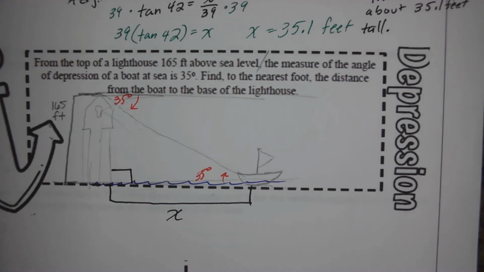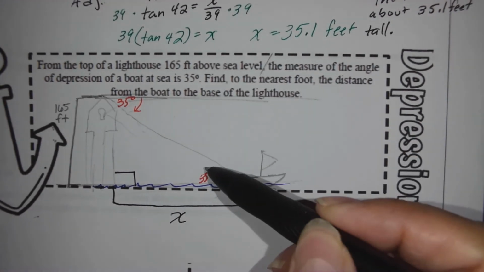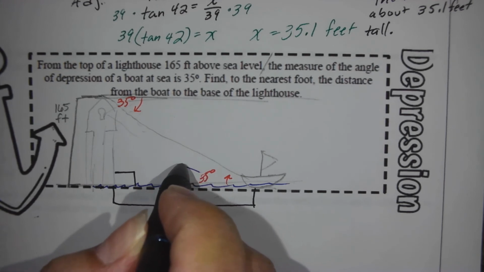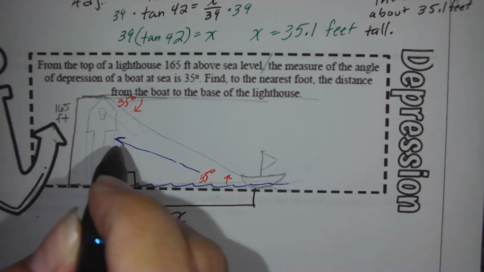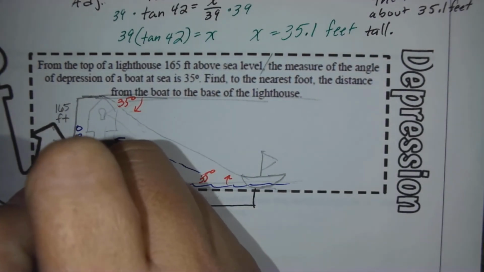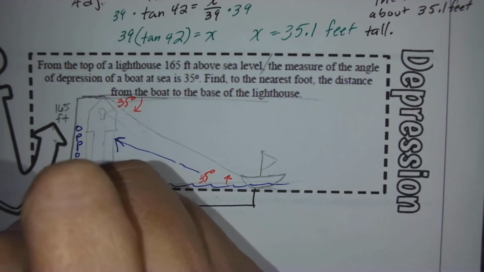So here we go. We're going to solve. Keep in mind that you are using SOHCAHTOA because you're talking about distances or angle measures using right triangles. So we have this angle here, and we're looking at this right here, which means that this is the opposite.